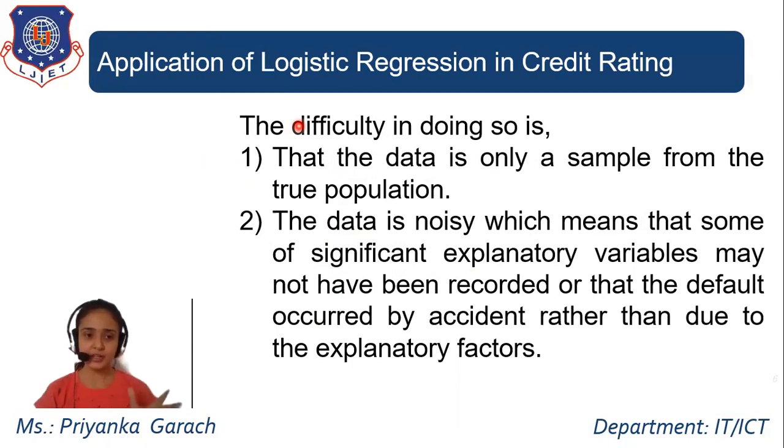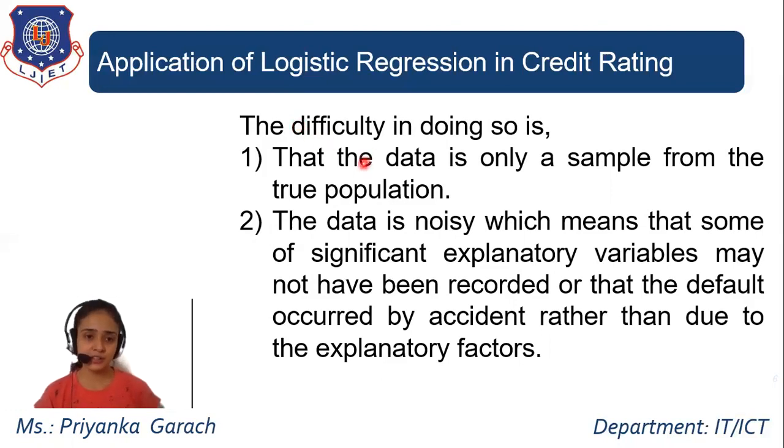If the population contains 500 good customers and 500 bad customers, and we select a sample of size 250 and that 250 contains all good applicants, then logistic regression will not work for such a sample.